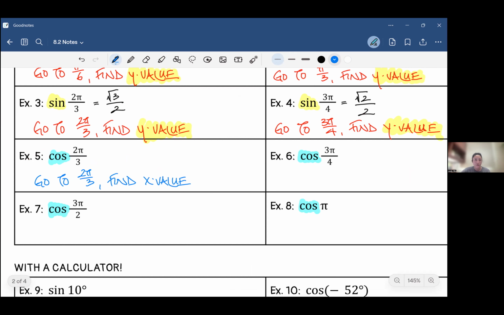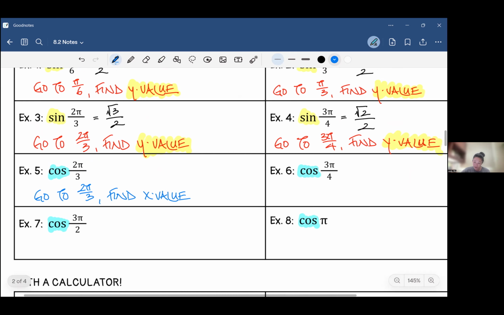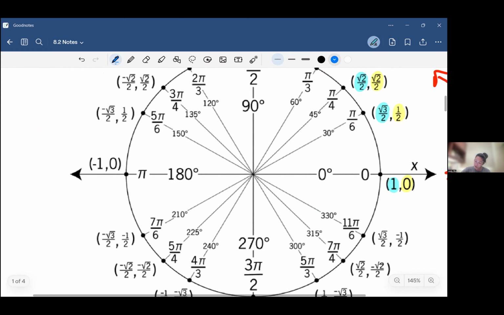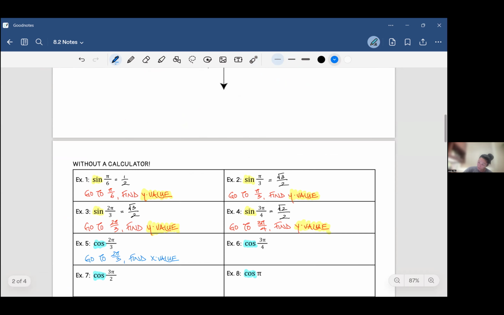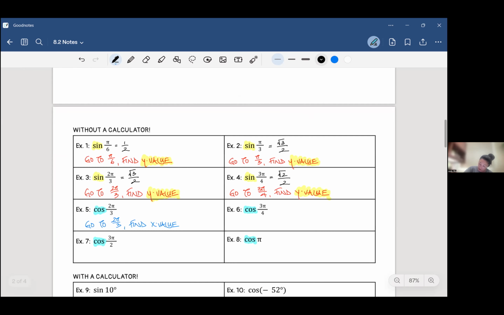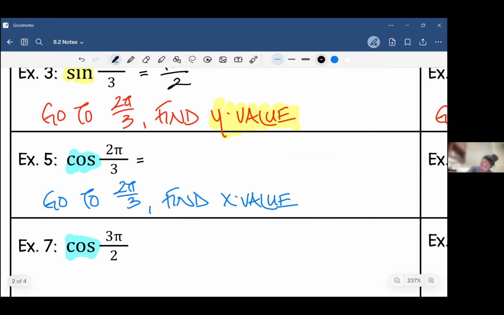Okay, so for cosine of 2 pi over 3, I'm going to go up to my unit circle. I find 2 pi over 3, and I want to find the x value, which is a negative 1/2. Okay, so what that means is cosine of 2 pi over 3 equals negative 1/2.